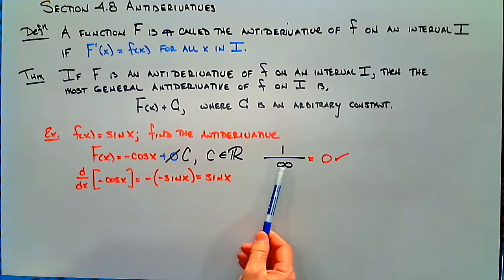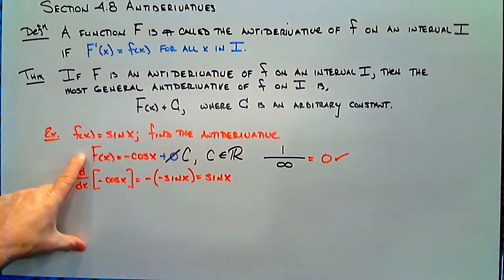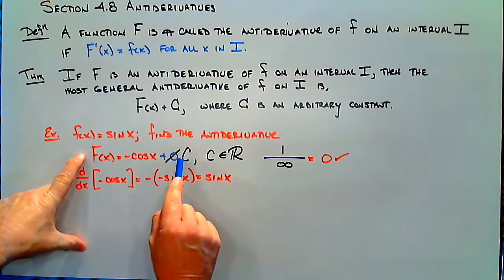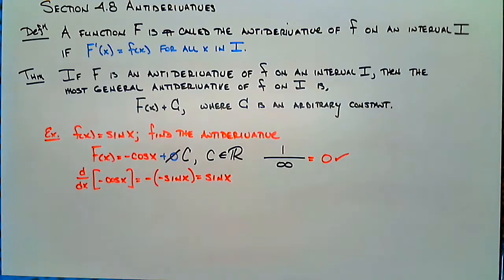You provided one answer out of an infinite number of correct answers, so I provided you with the correct number of points. So let's make sure that when we find our antiderivatives, we do not forget our arbitrary constant c. You want to remember that because there are an infinite number of correct solutions to this question.